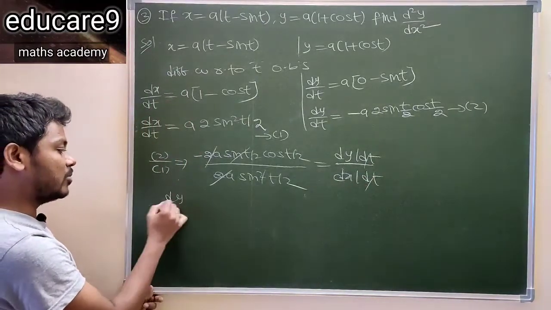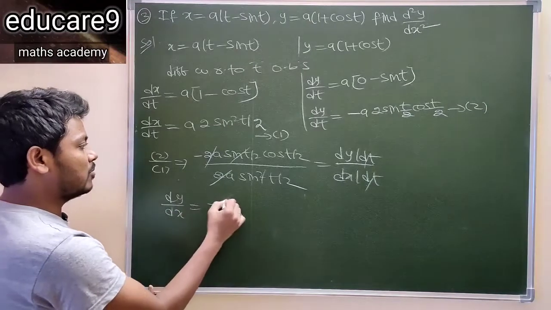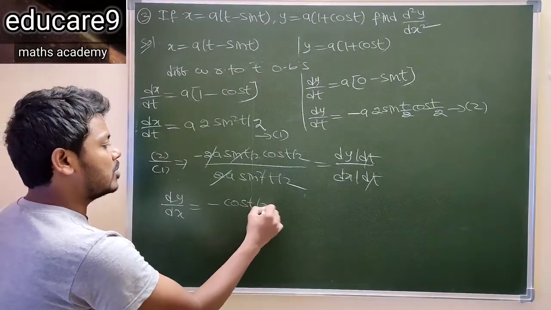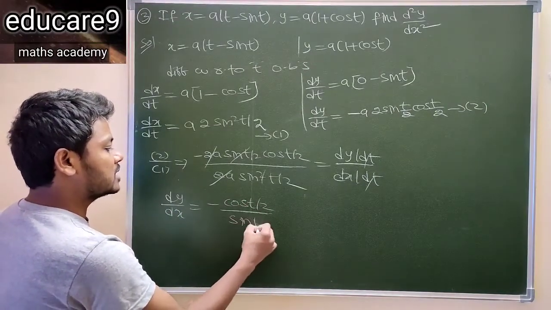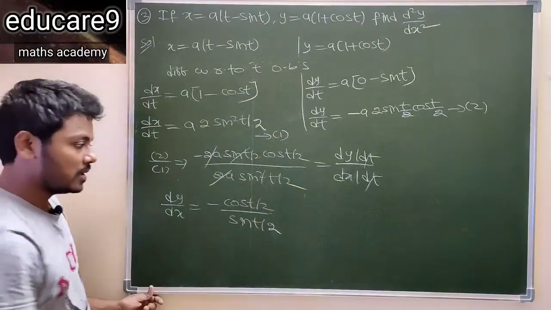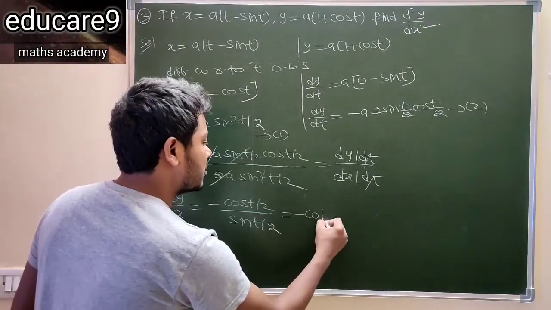So clearly dy by dx is equal to minus cos t by 2 divided by sin t by 2. So this is minus cot t by 2.